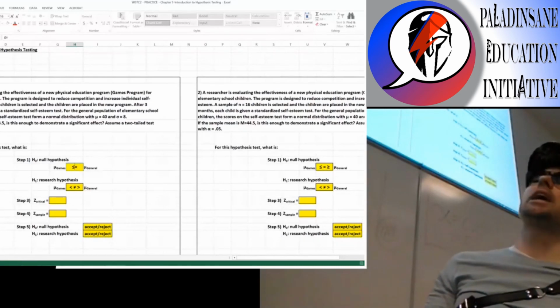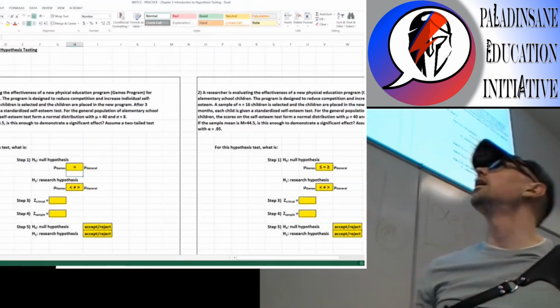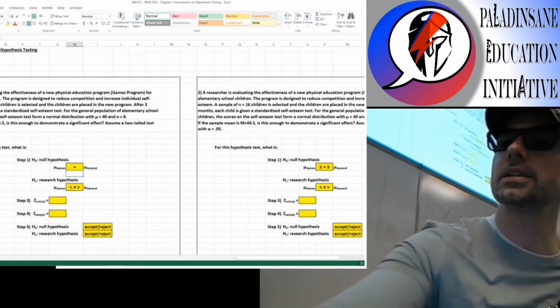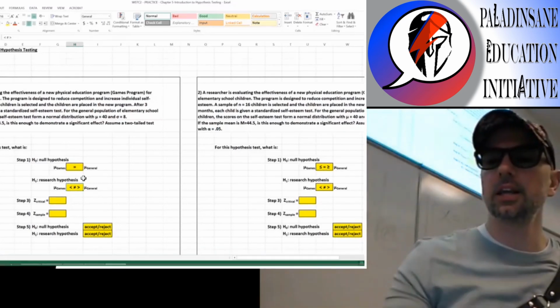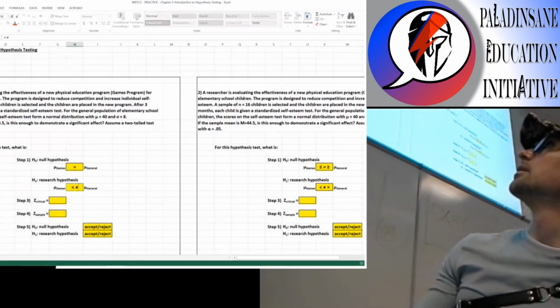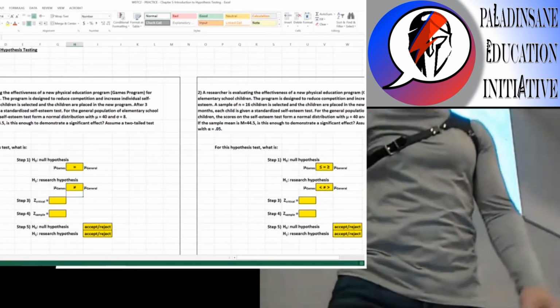So that indicates that the mean of the games program equals the mean of the general program. And for the research hypothesis, once again, you just double click in there, and you would want to delete the symbols that you don't need. And that would be the way that you would answer this particular question on a test.